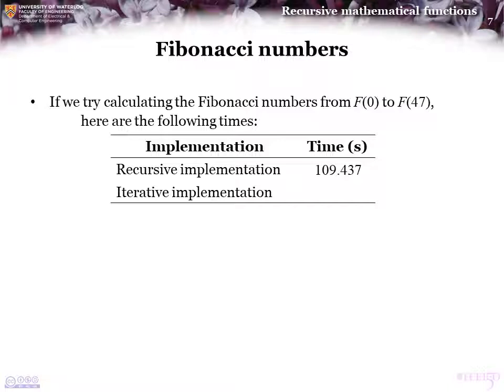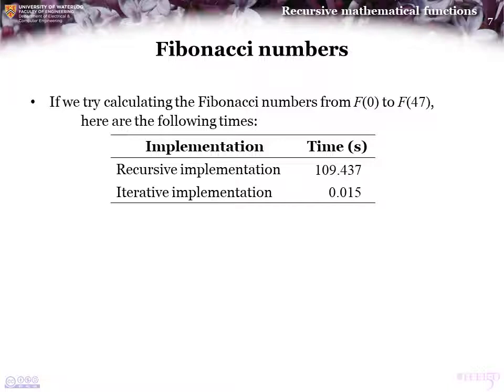Now you may be thinking I have a very slow computer, but that's not the case, because in that second iterative implementation, it took only 15 milliseconds. That is almost 4 orders of magnitude faster than the recursive implementation.